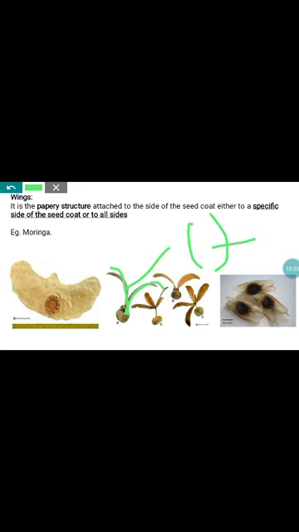Because of that, these seeds are known as helicopter seeds. This is a moringa seed. Here you can see the seed is placed in the middle and the entire thing is surrounded by a papery structure. This is a useful mechanism from the angle of seed dispersal.